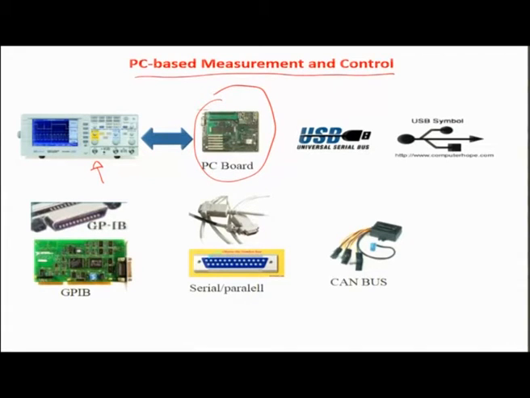So how the data is handled is by many means. For example, you can have universal serial bus, USB based ports, you can have serial and parallel ports, you could have CAN bus, you could have GPIB. All these different input output ports are utilized to talk to the controller, which is assembled in the PC board, and use the various aspects of the controller when we talk about designing a PC based microcontroller or microprocessor.